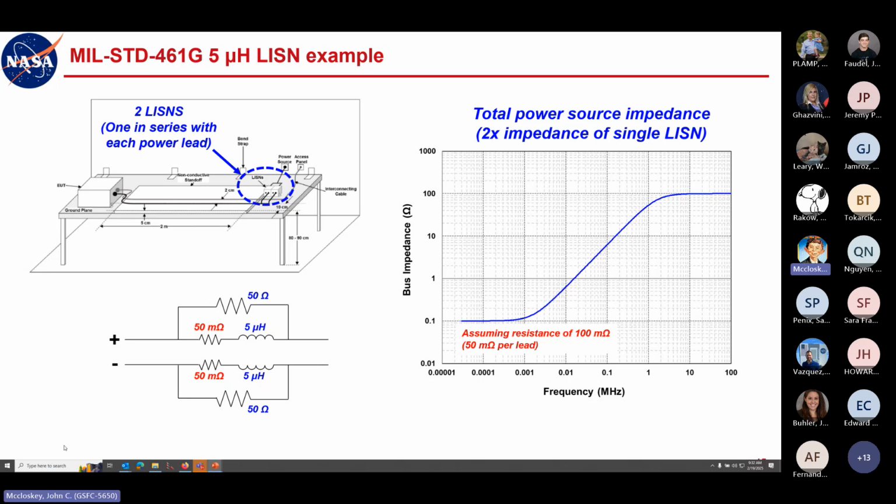So this is defining a differential impedance between your send and return conductors. And a LISN representing this type of impedance generally looks like this and is a self-contained box. One of the ISS LISNs that we use is like this.